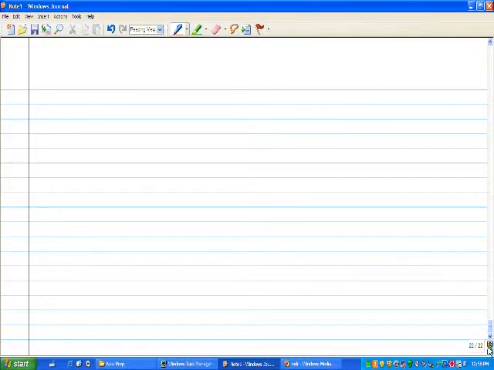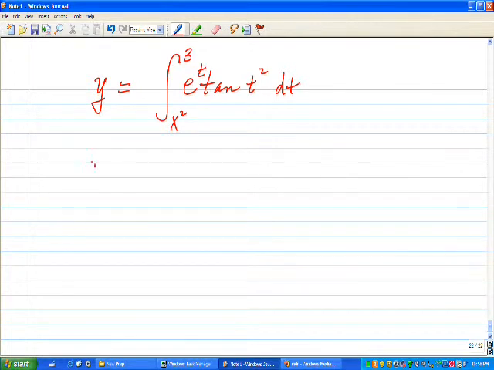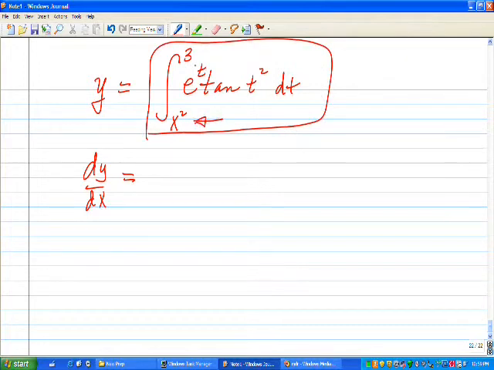Let's do another little wrinkle. Suppose you had y equal the integral from x squared to 3 of tangent of t squared times e to the t dt. For dy dx, you can't just go and do this because the variable is not at the top, it's at the bottom.